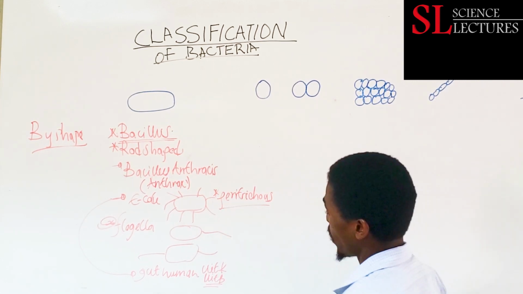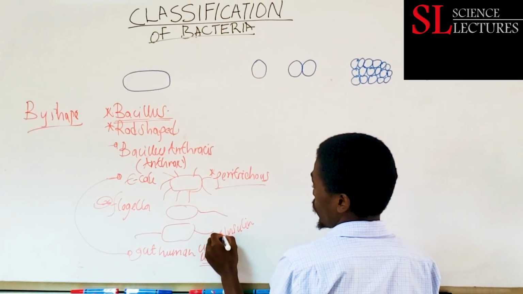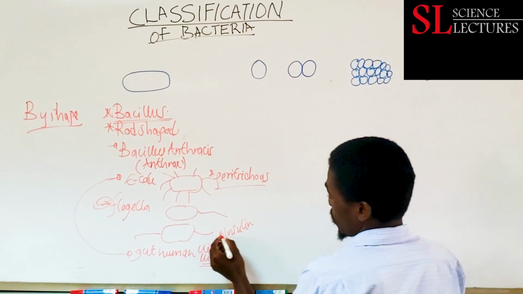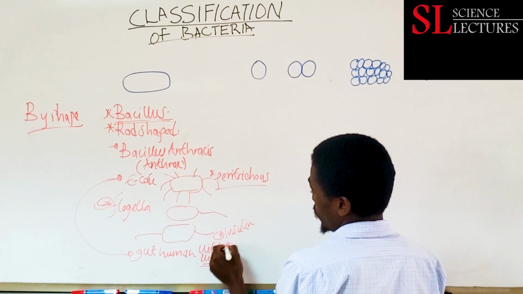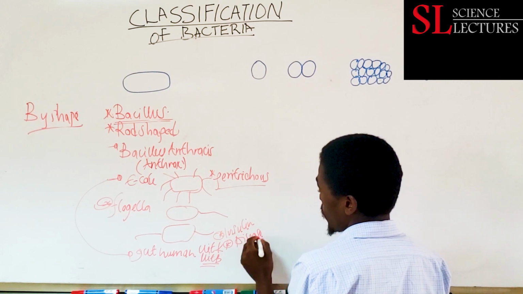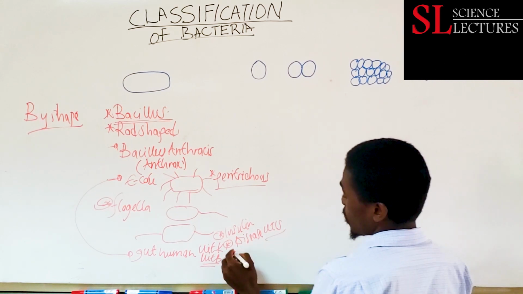However, the same E. coli can be used in the synthesis of insulin. Then again, E. coli is an agent of disease and can cause diseases like urinary tract infections.